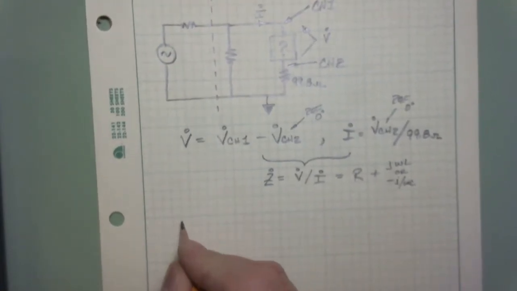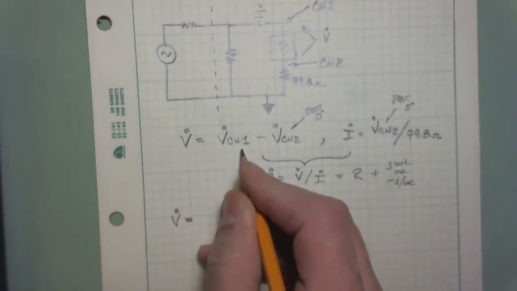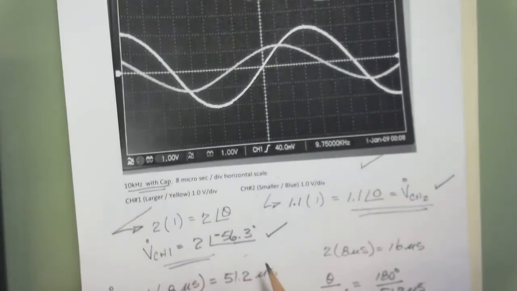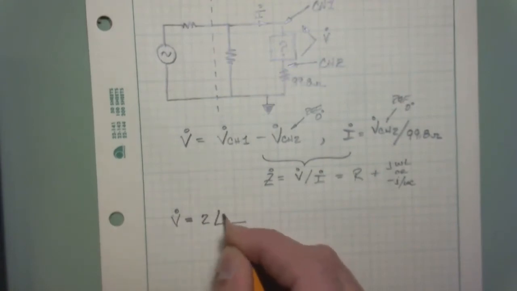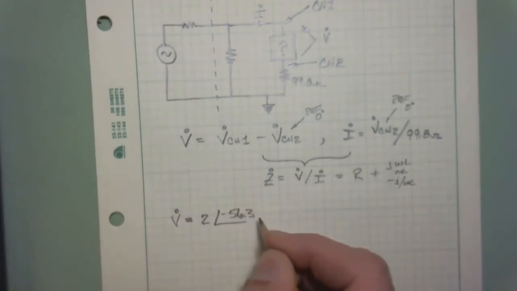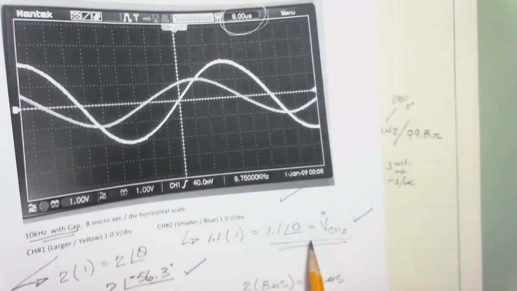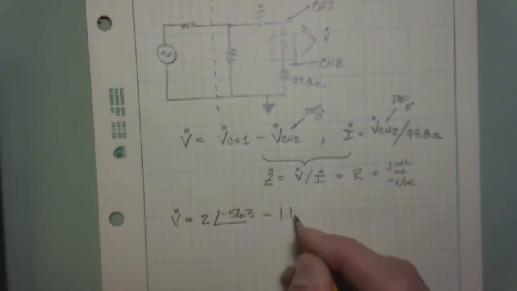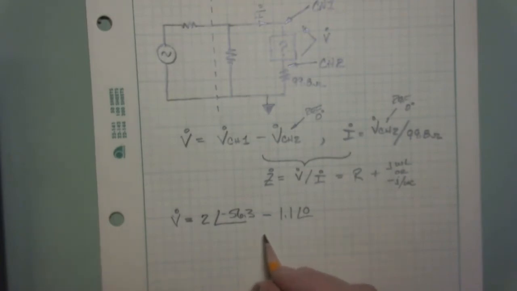So I can say that my voltage V is equal to the channel 1. We had that as 2 at minus 56.3. So 2 at minus 56.3 volts. And then I had to subtract off this channel 2 here, 1.1 at 0. 1.1 at 0.